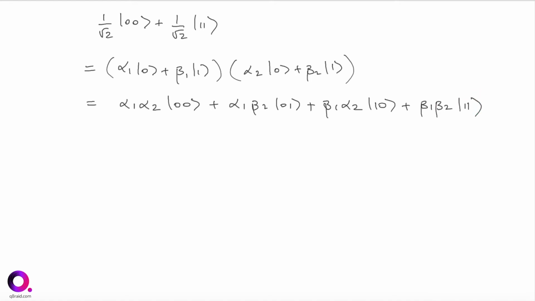Now, in order for the first line to be equal to the third, it must be that each of the four coefficients of the standard basis states must be equal to each other. So there's a one-to-one correspondence, meaning the 0,0 coefficient of the first line must be equal to the 0,0 coefficient of the third.